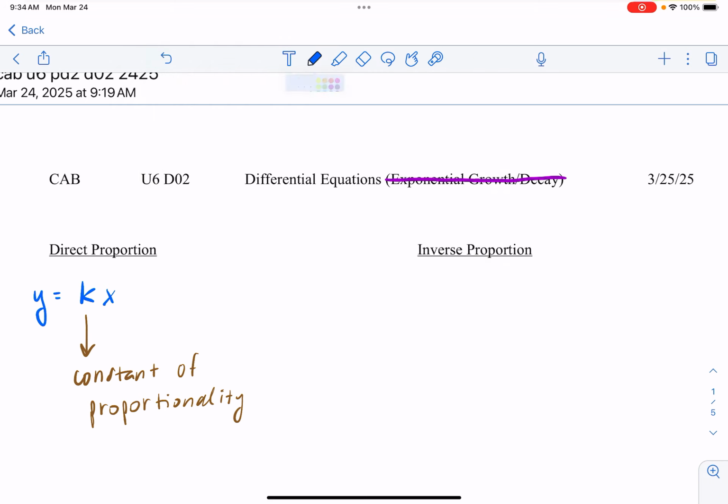Now, likewise, with inverse proportion, that's going to be y equals k divided by x. They are inversely related. X and y are inversely related. So again, if x increases, now y decreases. And if x decreases, then y is going to increase. And you can always plug in numbers there if you don't believe me, but I bet you guys get the hint.